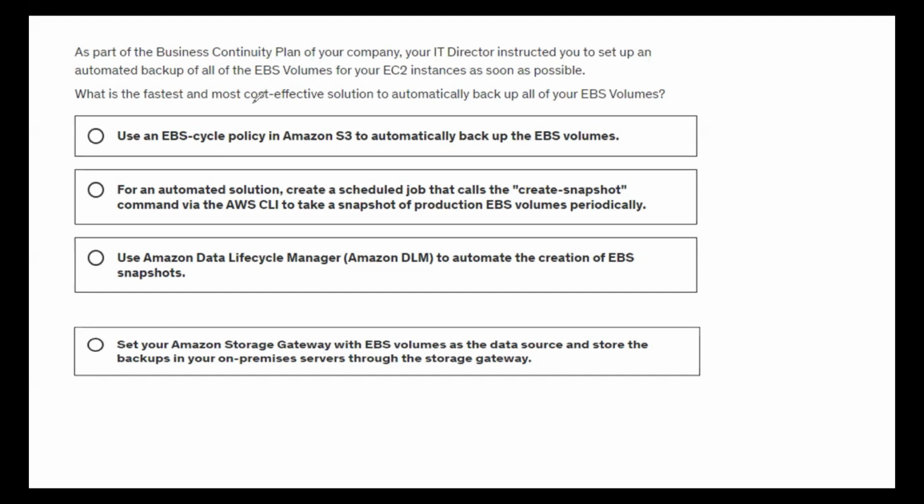If you look for the most cost-effective solution and how we can automatically handle the backup of the EBS volumes, we have to go ahead with a managed service, which is using the Amazon Data Lifecycle Manager to automate the creation of EBS snapshots. This service will help in automatically scheduling the creation of the EBS snapshots. Choice 3 is the correct answer. So the correct answer is to use Amazon Data Lifecycle Manager.